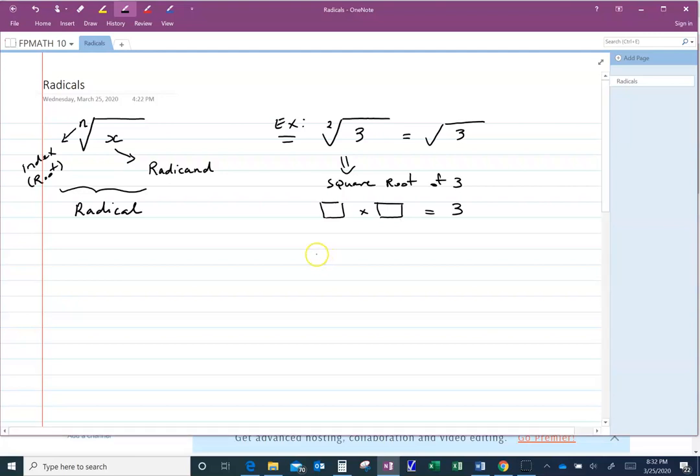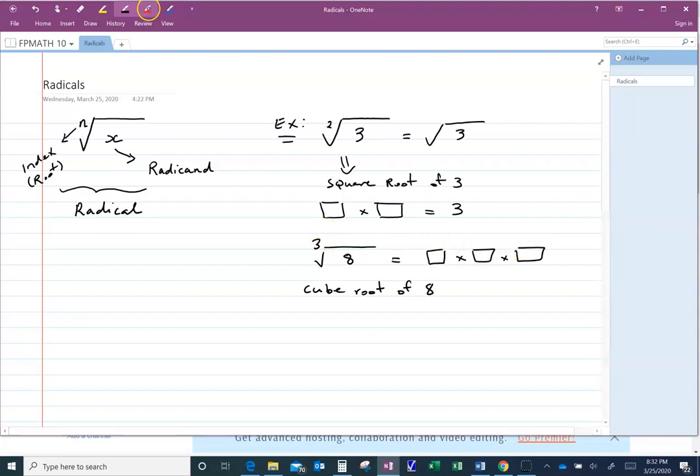Another example, let's do the cube root of 8. In this case, the 3 is the index, the root. This reads cube root of 8, and what it means is, what number times itself 3 times.